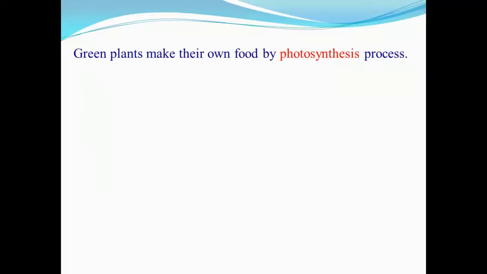In the beginning, we know that the green plants make their own food by the photosynthesis process.